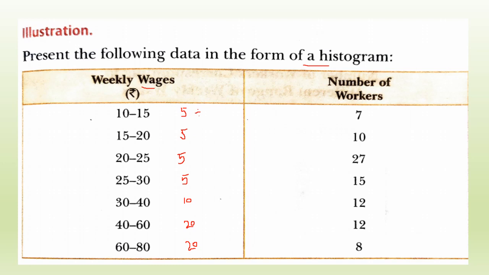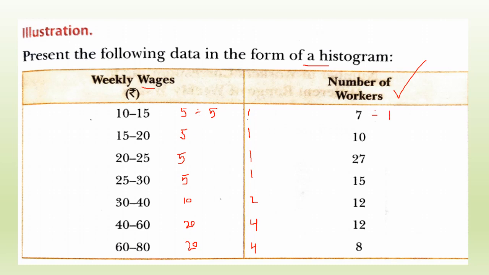The lowest class interval is 5, so we will divide all these class sizes by 5 and we will get the adjustment factors like this: 5 divided by 5 is 1, 1, 1, 1, 2, 4 and 4. Now we will adjust our frequencies by dividing the frequencies by this adjustment factor.